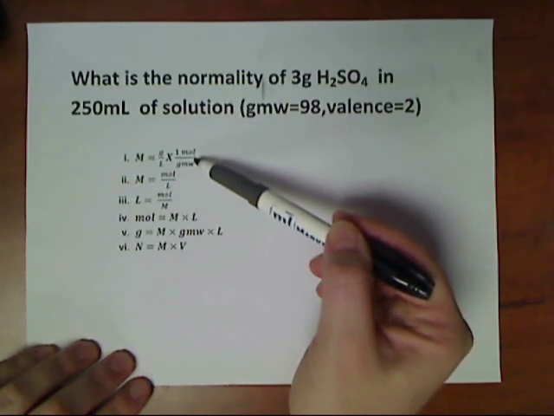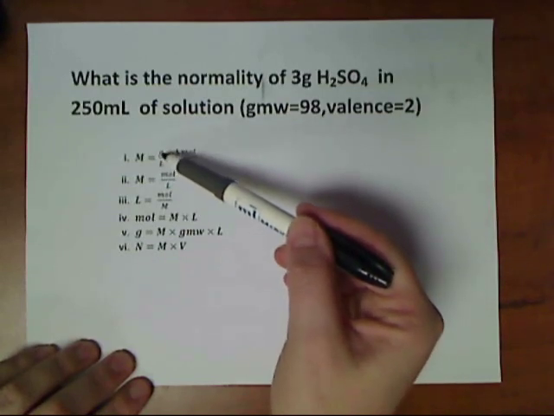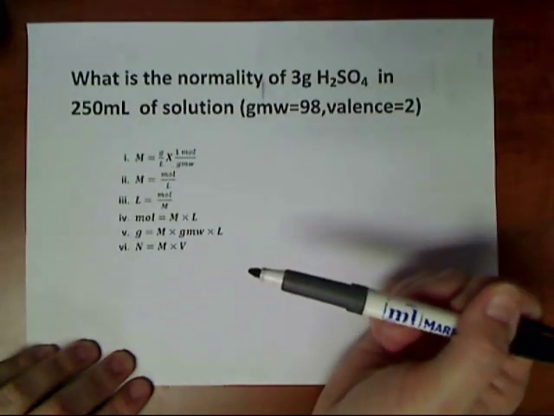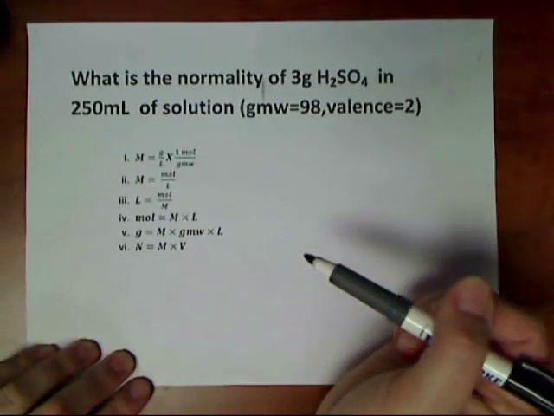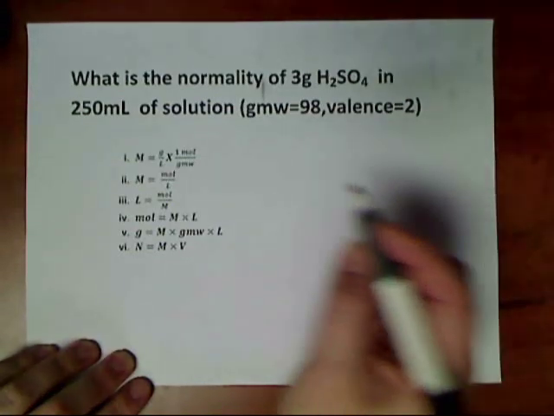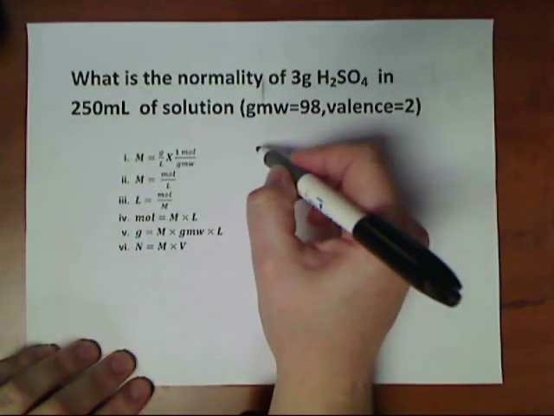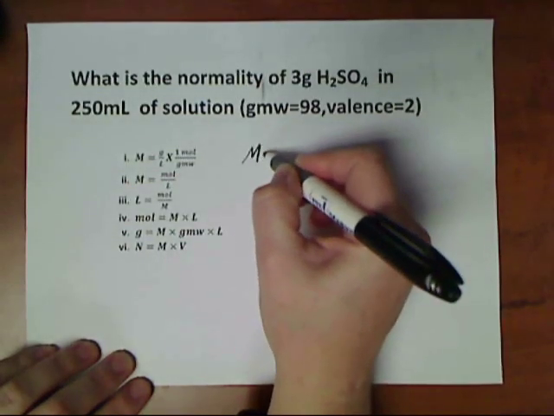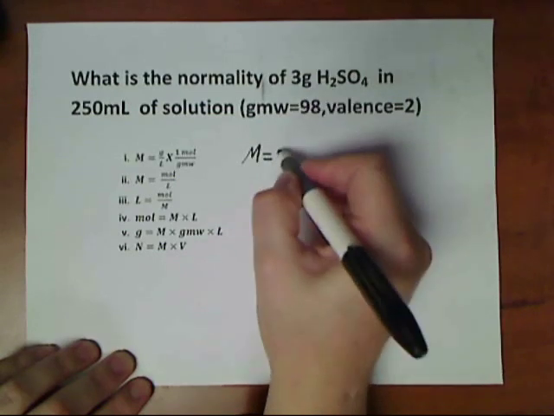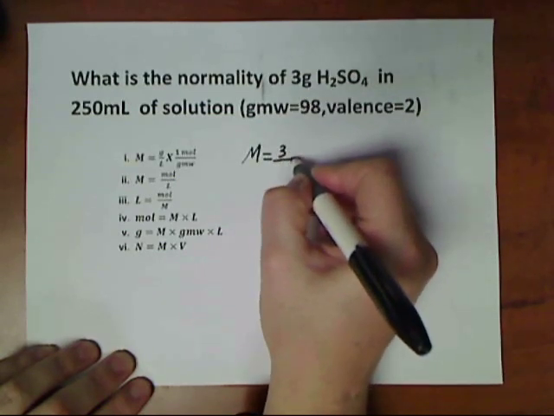If we use the one on the top, molarity equals grams divided by liters times 1 mole over the gram molecular weight. It will help us figure out the molarity of this problem before we can figure out normality. So let's go ahead and plug this in. Here we have molarity equals grams. As we can see in the problem, we have 3 grams.